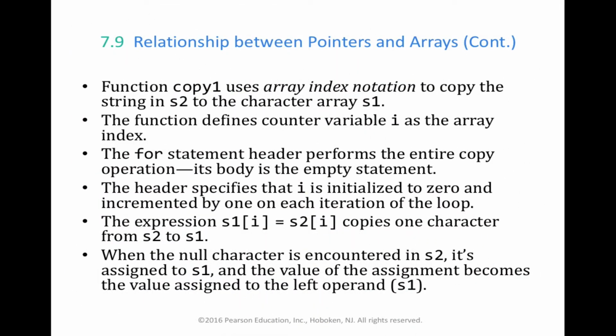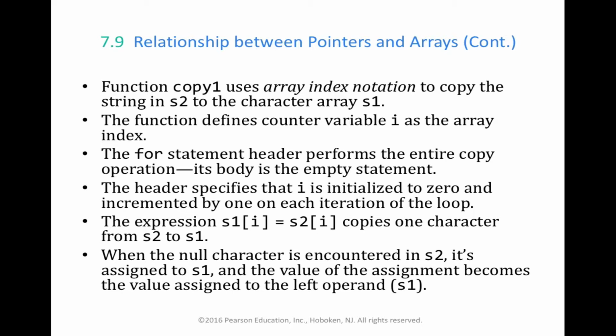So copy 1 uses array index notation to copy the string s2 into the character array s1. The function defines a variable i as the array index. The for statement header performs the entire copy operation. The body is empty. The header specifies that i is initialized to 0 and is incremented one by one on each iteration of the loop. And so we assign the value of the current character at s2, whatever the index is, to s1 at that same index.